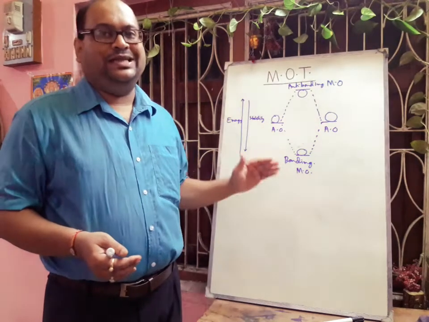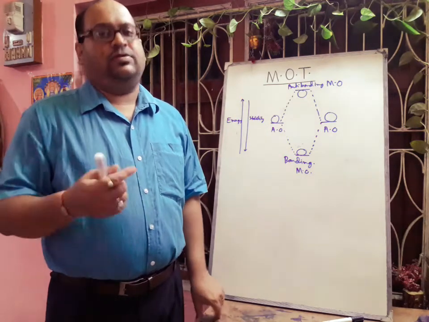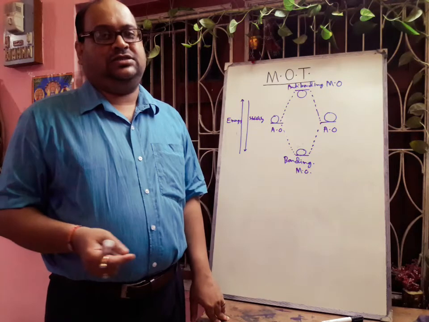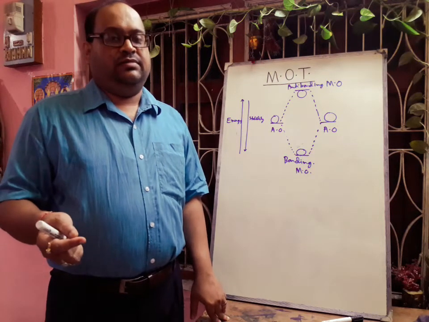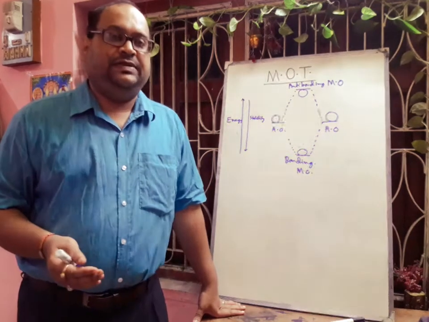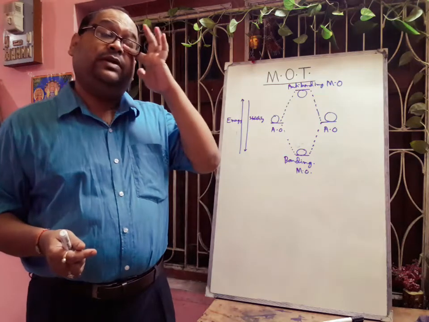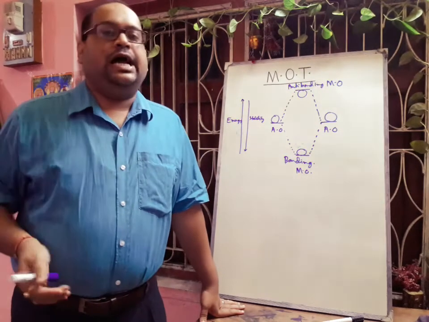So the molecular orbitals are arranged in the increasing order of their energies from bottom to top, and lower energy molecular orbitals are filled up first. That is the Aufbau principle we have discussed in atomic structure. So lower energy will be filled up first, then there will be higher energy. So electrons in the molecular orbitals will be filled up from lower energy gradually to the higher energy level.